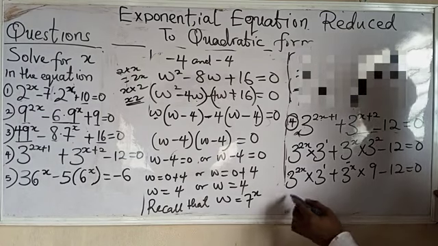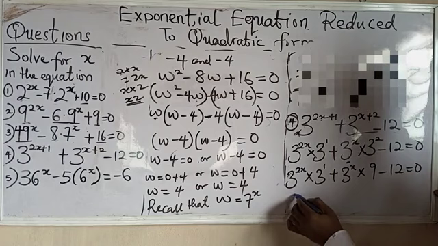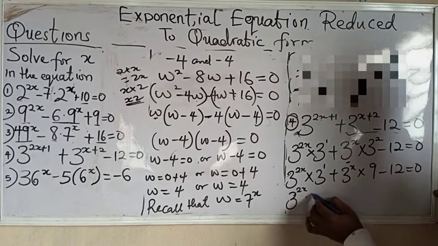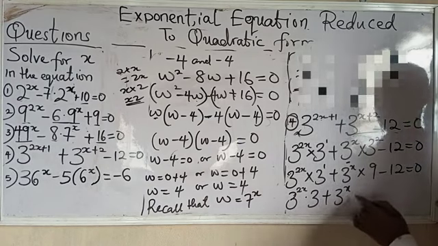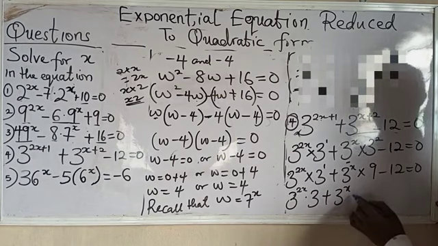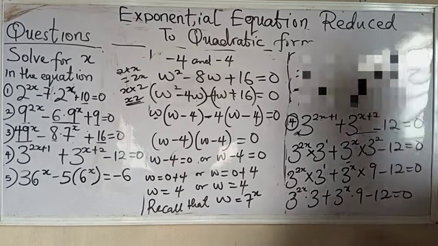So we can say this is 3 raised to power 2x dot 3 plus 3 raised to power x dot 9 minus 12 equals 0.